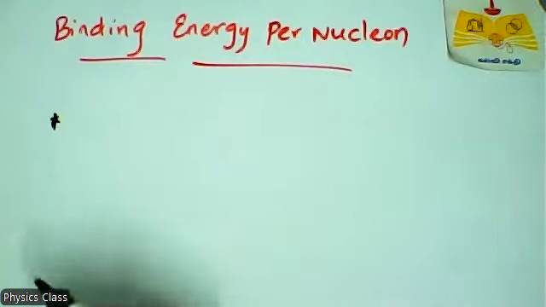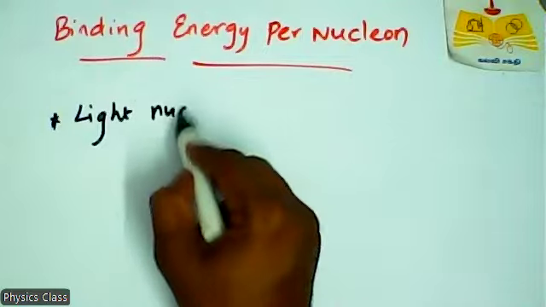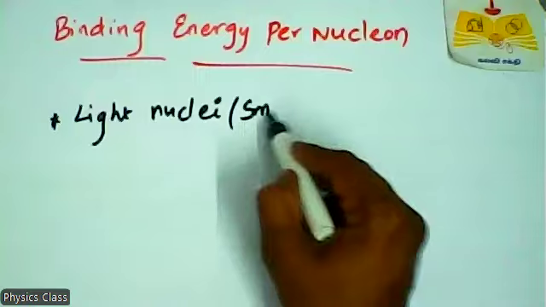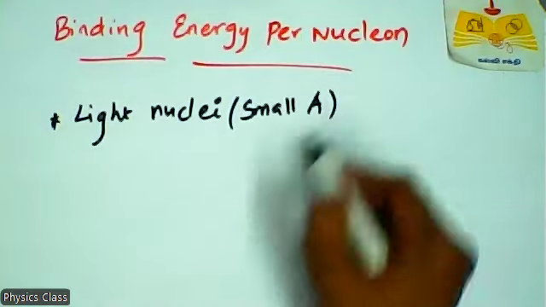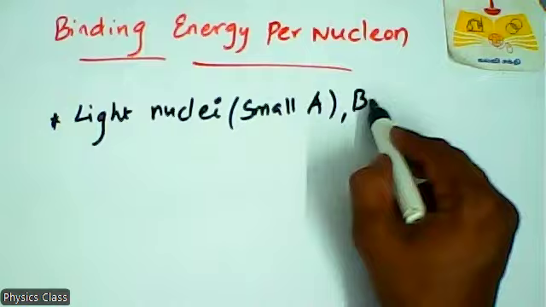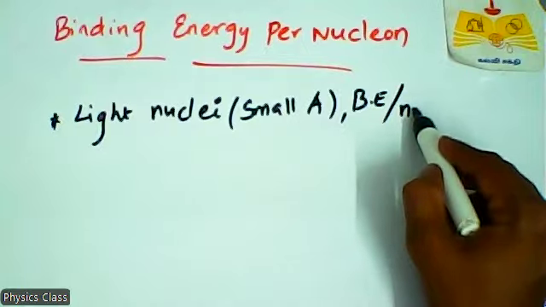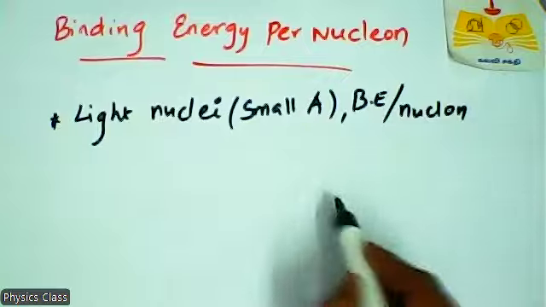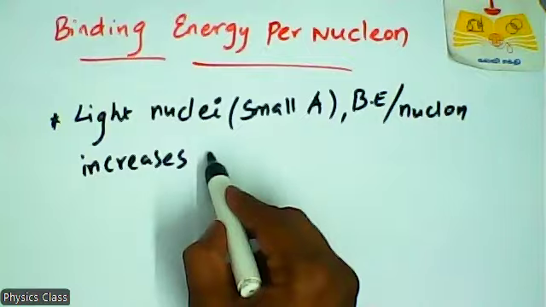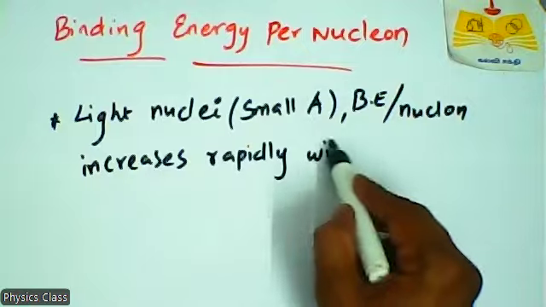For example, take a light nucleus, which has a small mass number, small A. Binding energy per nucleon increases rapidly with mass number.